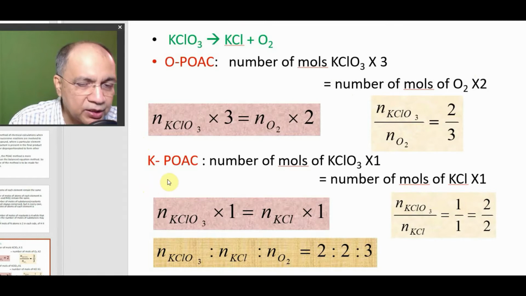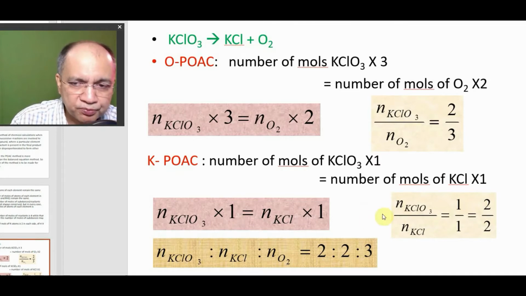Let's apply POAC to the potassium element. The number of moles of KClO3 into 1, because this formula contains 1 atom, is equal to number of moles of KCl also into 1. There's no potassium here. So the ratio between potassium chlorate and KCl is 1 is to 1.